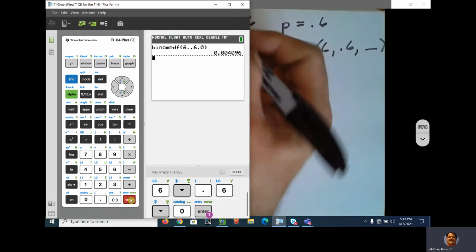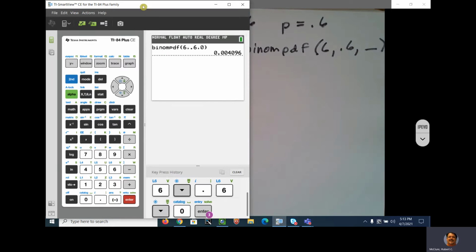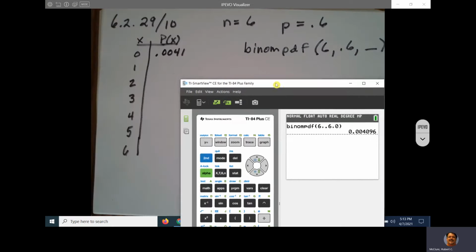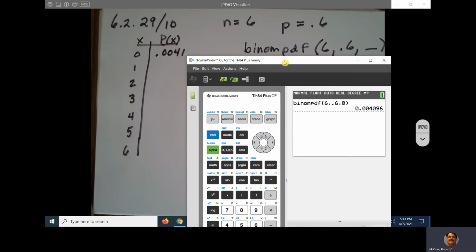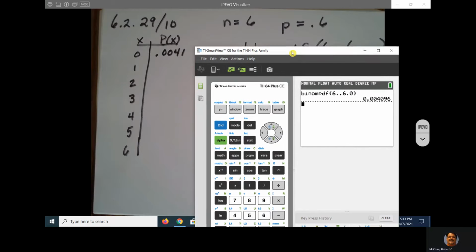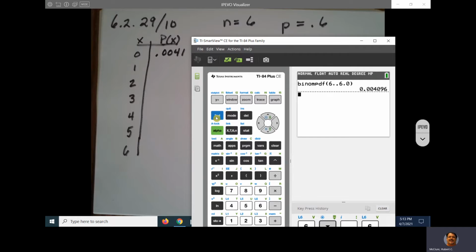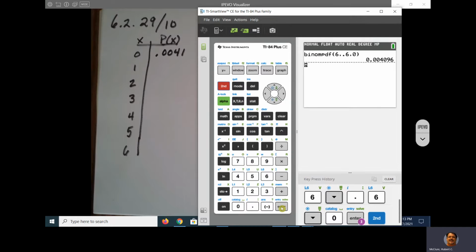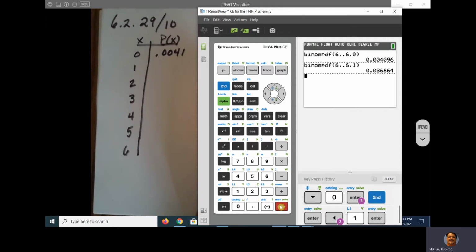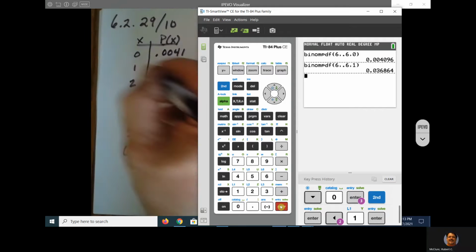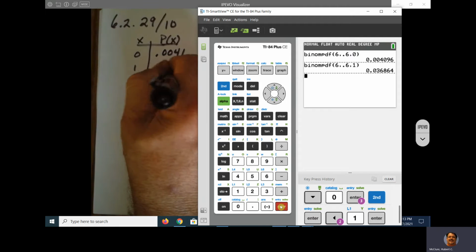As a custom, I always keep mine to 4 digits. Now watch this. I'm going to hit second, enter, and it pulls back the last thing I typed in. I'm going to change that to 1. 0.0369.